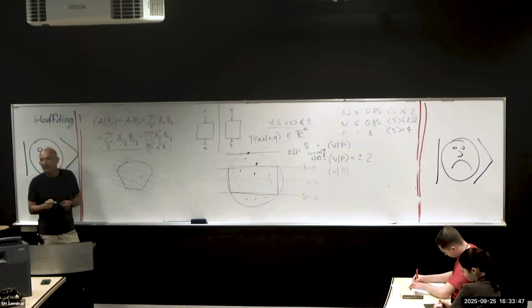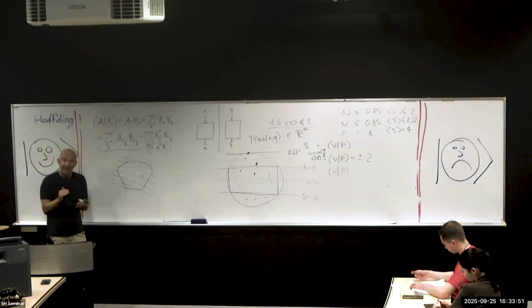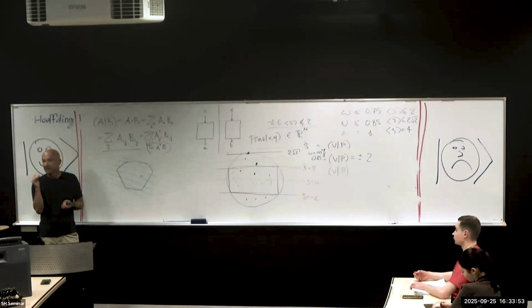And there is a theorem, but it's so intuitive that you don't even have to prove it, which says that the maximum value and the minimum value of a functional over a convex set is always achieved on the edges, at the extreme points.